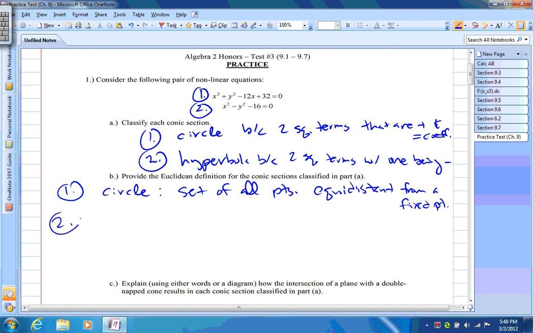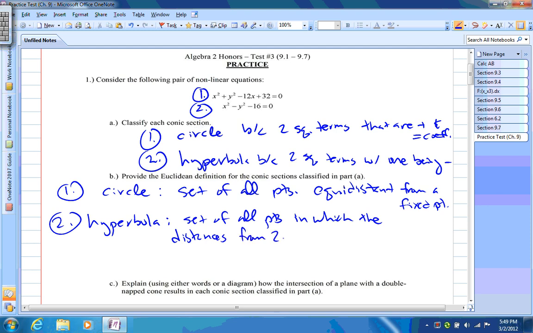For number 2, for the hyperbola, the Euclidean definition should be the following: the set of all points in which the difference of the distances from 2 fixed points is a constant.